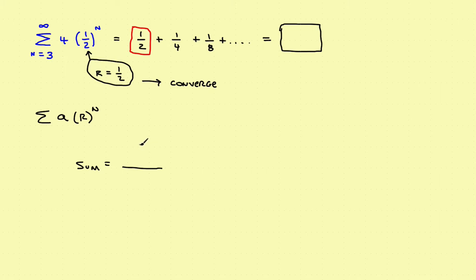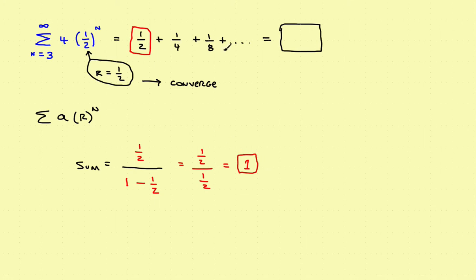So it's going to be the first term, which is 1/2, divided by 1 minus the common ratio. Now what that's going to be would be 1/2 divided by 1/2, and 1/2 divided by 1/2 is 1, and that's going to be the sum.